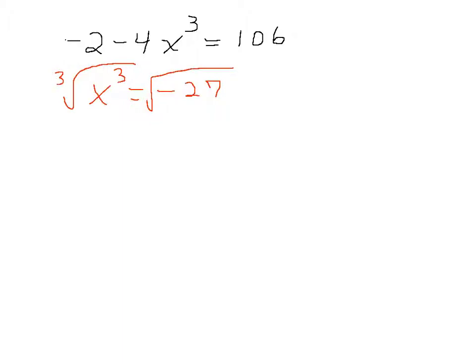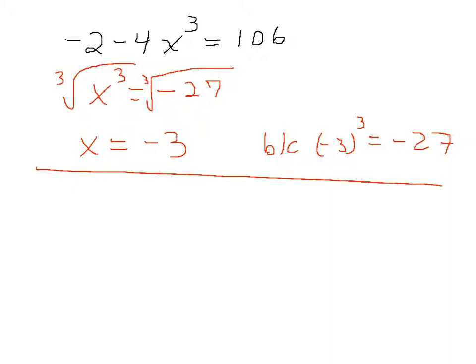And we know that if we take a negative number and raise it to an odd power, it's going to be negative. So here we get x is equal to minus 3. And that's true because minus 3 cubed is equal to minus 27. All right? Moving along.